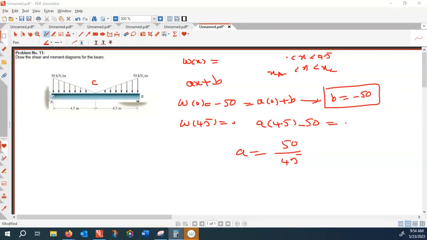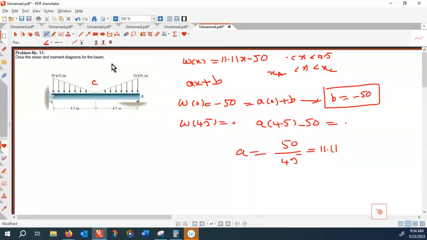That is 11.11. All right, all I need now is 11.11x minus 50.